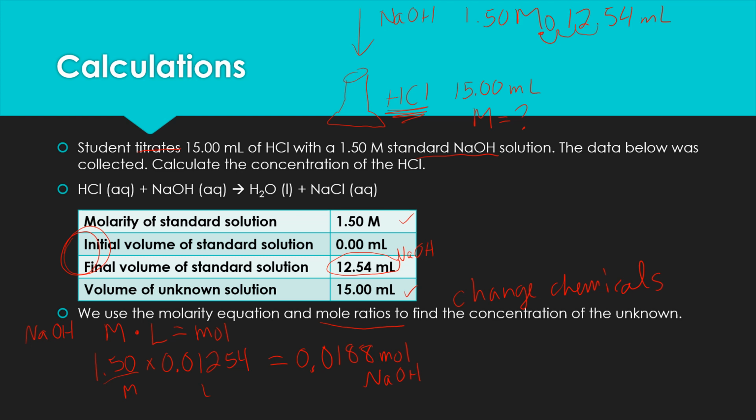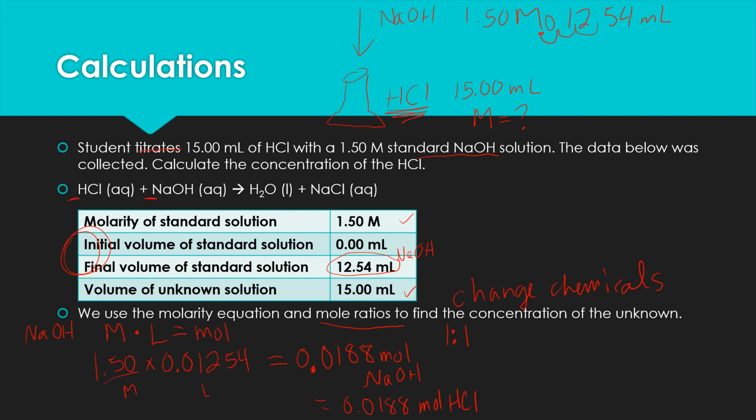We can look at our balanced reaction, and in this case, it's a 1-to-1 ratio. In that case, you don't have to show your calculation for your mole ratio. You can go ahead and just rewrite this as 0.0188 moles of HCl. We know that because it's a 1-to-1 ratio.